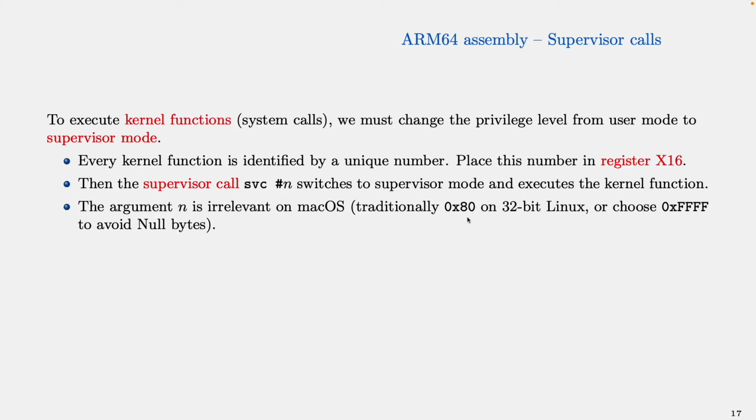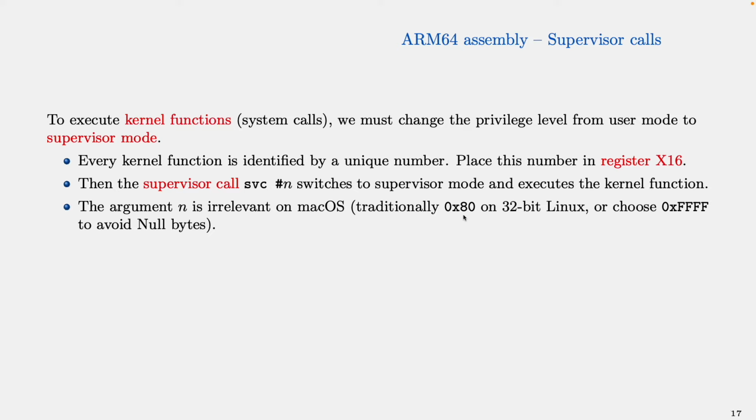Sometimes you will find hex 80 as this number, which is reminiscent of the 32-bit Linux system calls via the interrupt hex 80, but it doesn't have any meaning for us.